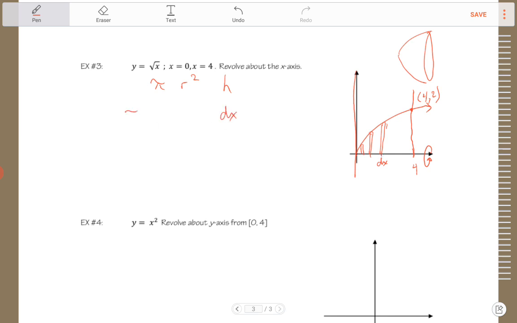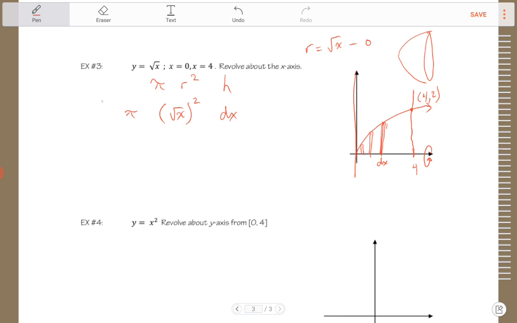Now we just have to plug in the r value. The radius just goes from top to bottom. What's that radius? The top part, since we want it in terms of x, would just be square root of x minus the bottom, and that bottom is just 0. So the radius is just a length of square root of x. So we can plug in square root of x right into the r value: pi square root of x squared dx, and this represents the volume of one slice.